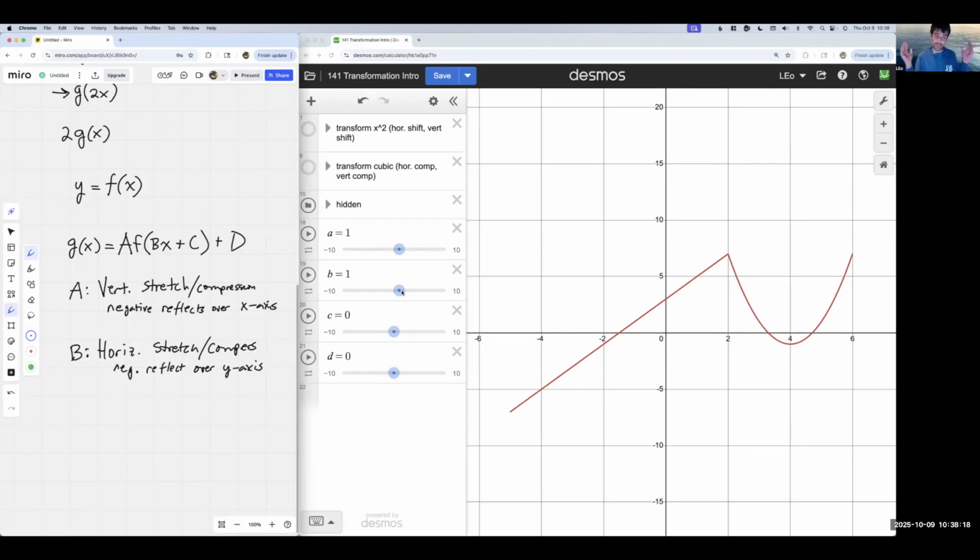The shifts, the transformations that we're dealing with inside the parentheses that are transforming the input, they do like the opposite of what we might think. What I mean by that is if I multiply x by a number bigger than 1, my graph gets smaller, right? It does the opposite of what I think. And if I multiply by a number less than 1, my graph stretches, right?